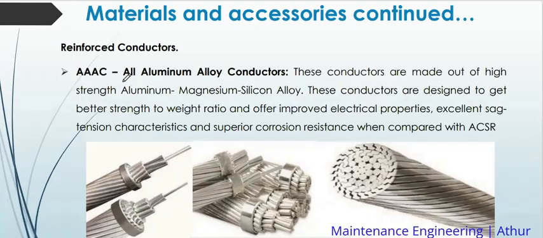But sometimes this is not much used. I don't know why, whether it is because it is expensive or what, and they will tell you it has excellent sag tension characteristics and superior corrosion resistance. These ones are not used. Maybe they are very expensive, but I've not seen them being used.